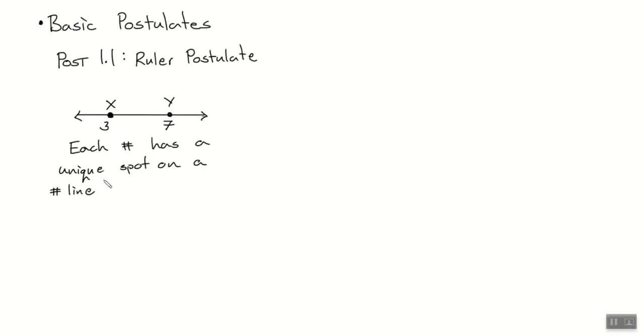Everybody okay with just that first little idea? Every single number has a unique place. 2 represents 2. It's not the same as 2.1. It's not the same as 2.3. They're all different, which is obviously something that you've dealt with and used. We've never called it a postulate because we've always just assumed it's true.